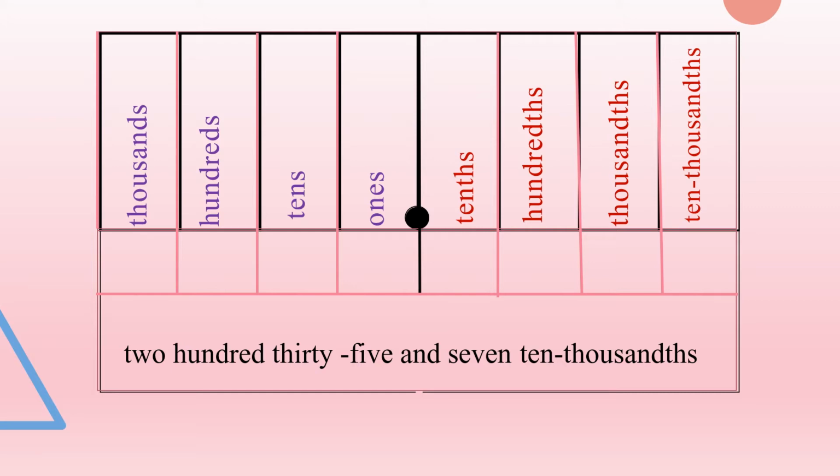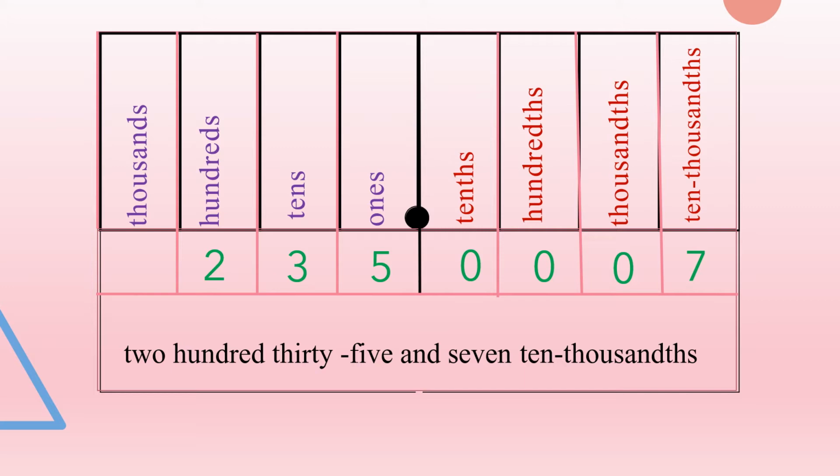So 200s, let's mark 200s. 35, 3 tens and 5 ones. And 7/10,000. That means in the ten-thousandth column we should mark 7. So other places we can fill as 0. There is no tenth, no hundredth, no thousandth place value.